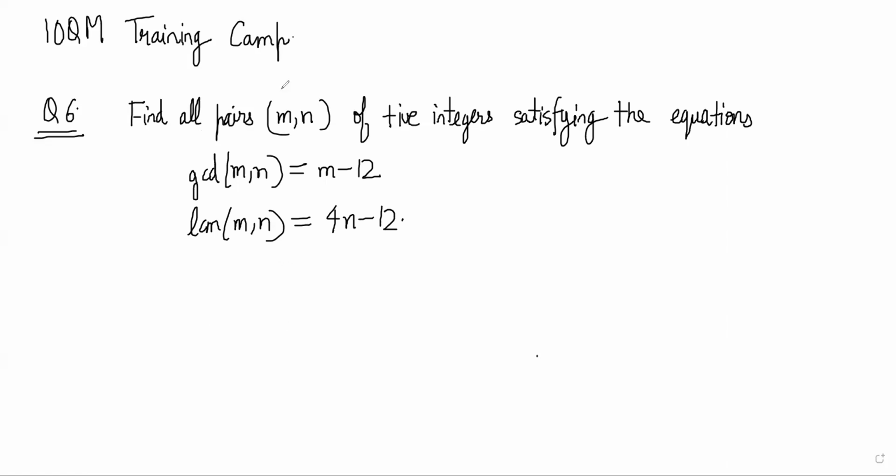We have to find all the pairs of m and n positive integers which satisfy these two equations.